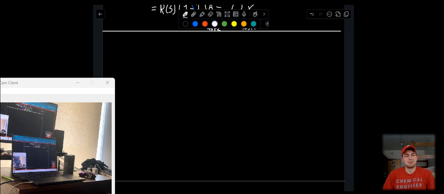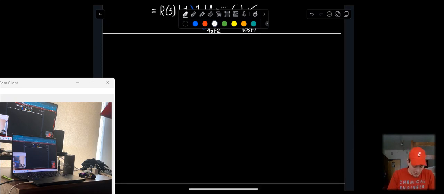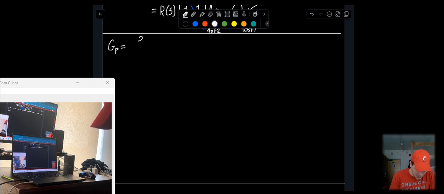All right, quick cut. But now we're going to go ahead and move into part 2 of this video, which deals with a specific process gain function. And we're going to attempt to calculate stability criterion from its characteristic equation using Routh-Hurwitz criterion. So the specific process gain function that we're going to be dealing with here is going to be 2 over 10s plus 1 minus 1 over 2s plus 1.